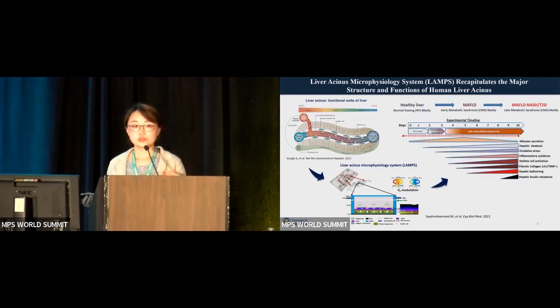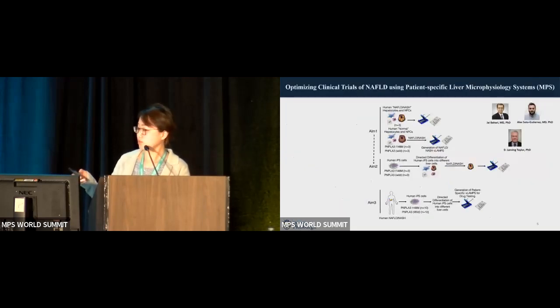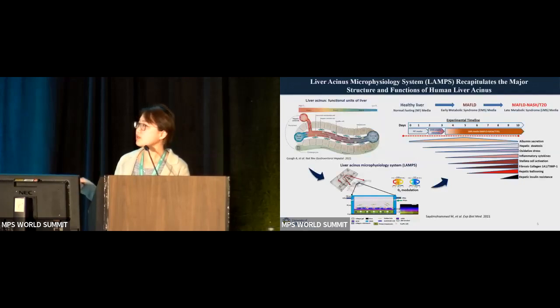To recreate the physiological and the pathological environment, we designed 3 medias, starting with the normal fasting here. The normal fasting media is to mimic healthy liver condition with a normal level of glucose and insulin.